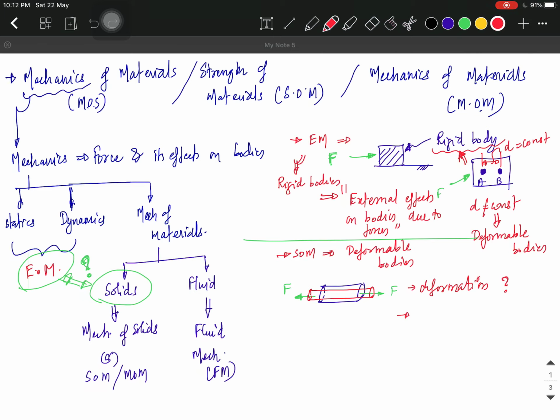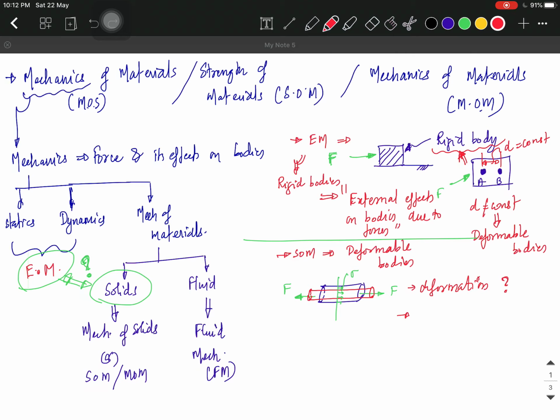You may know that due to these forces some stresses generate within this material. You will have already studied those things, and these stresses are nothing but the internal resisting forces that oppose these external forces.